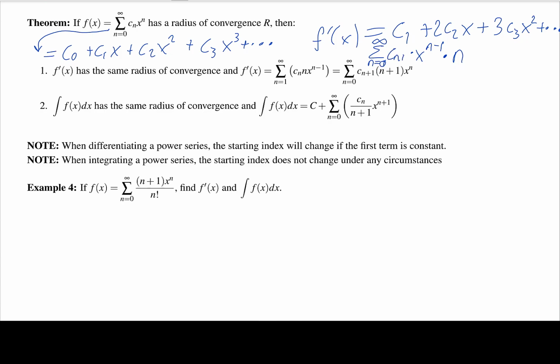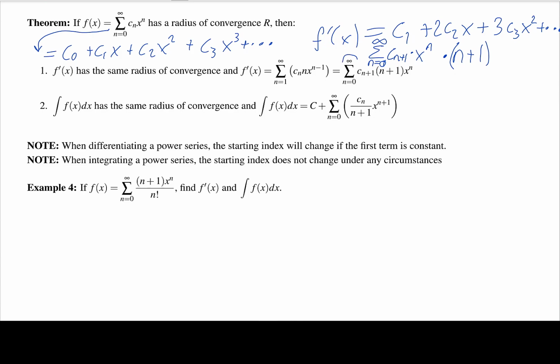If I add 1 to that n, that gives me c sub n plus 1. I'm going to add 1 to this n up here, so that'd be n plus 1 minus 1, so that would just become n. And then we'd have times n plus 1. Okay? So that is how you remember that when you take the derivative of a power series, you'll add 1 to your n values, and then we'll need to multiply by n plus 1.